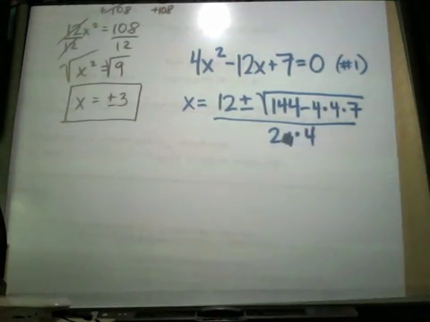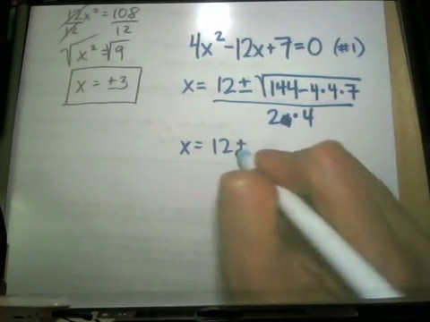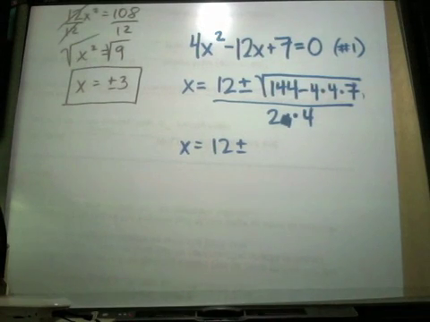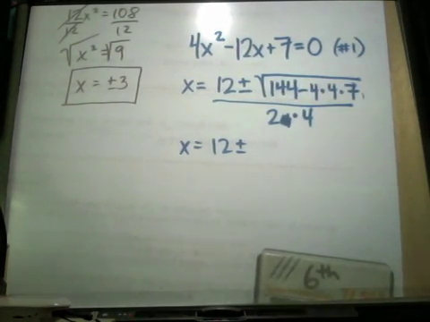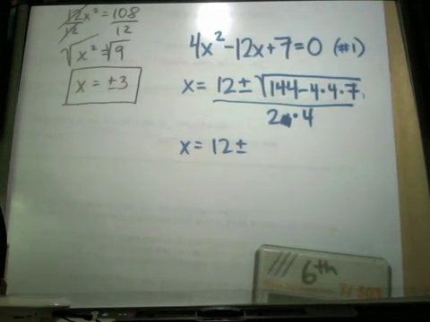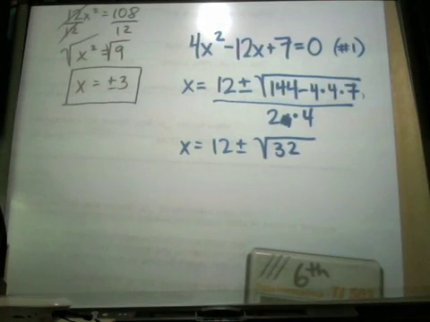Sorry, I wrote the variable. We want to get rid of that and put the number in. 12 plus or minus, I do all of this math first. 4 times 4 is 16, and 16 times 7, I get 112. It's going to be minus. So 144 minus that, I'm just doing the math a little more quickly here.